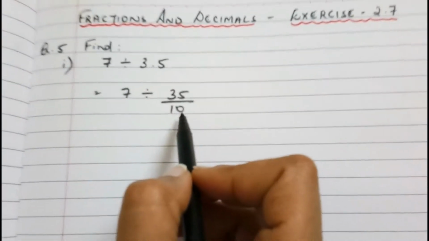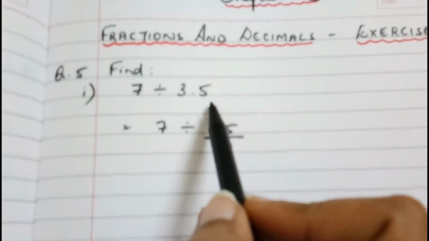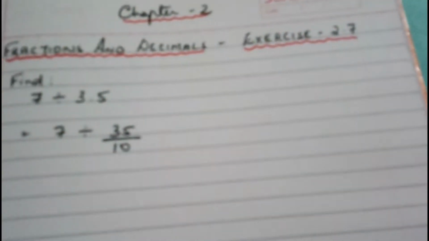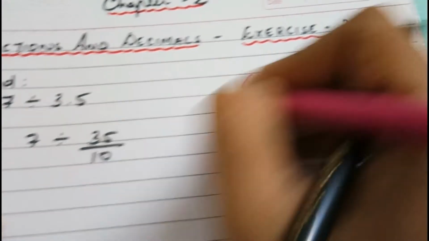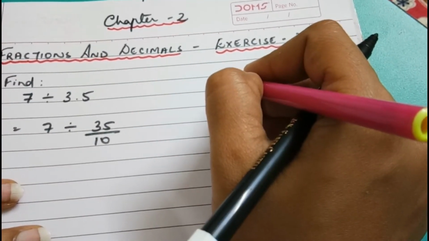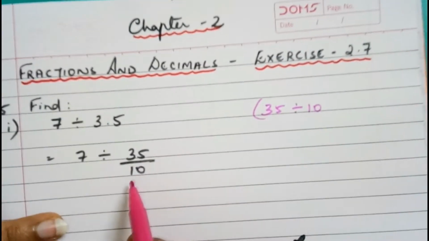Why 35 by 10? Since this is division by 10, this number is counted as 3.5. I'm just showing it as an example. How can this be written? This is 35 divided by 10. So that is what we wrote here.